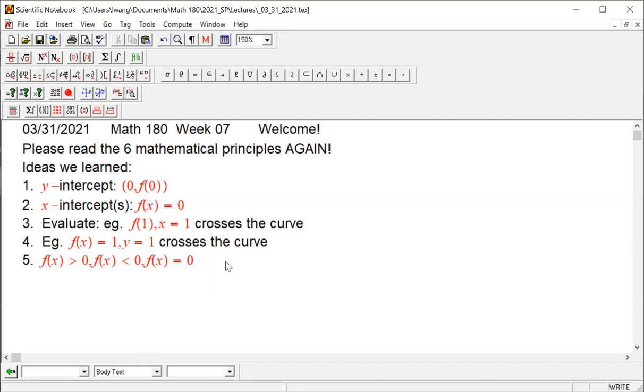And all you have to check is whether the curve is above or below the x-axis. So these 5 ideas we have learned in quadratic 4 apply to every function, however complicated. So this is what I meant.